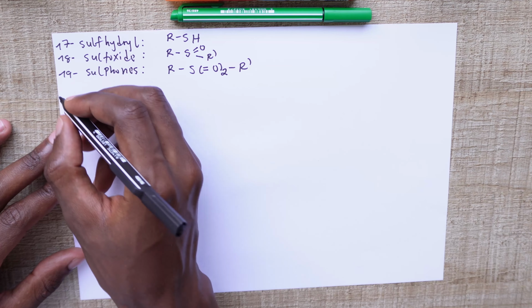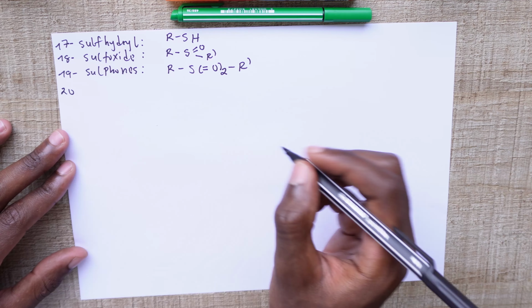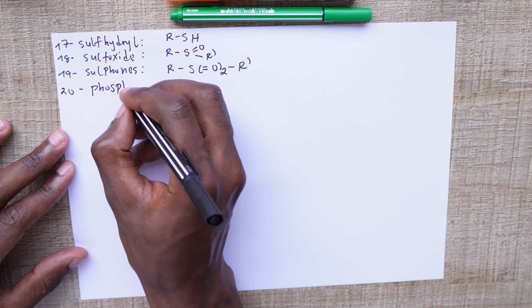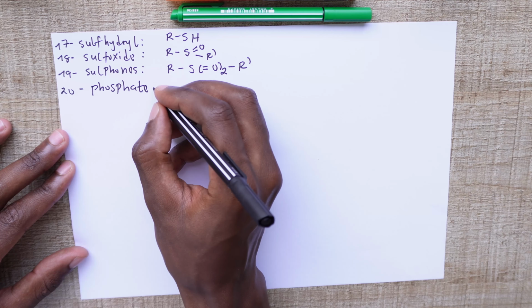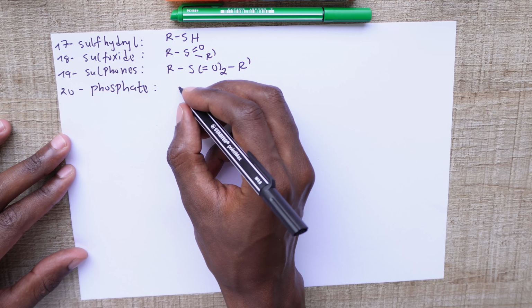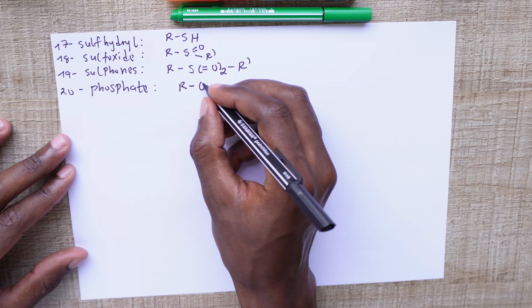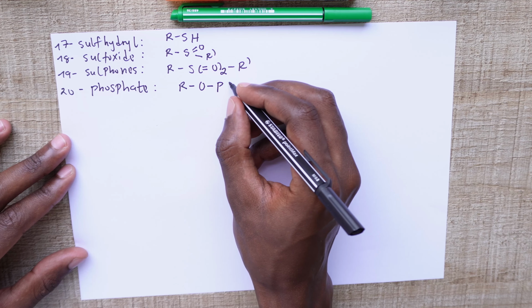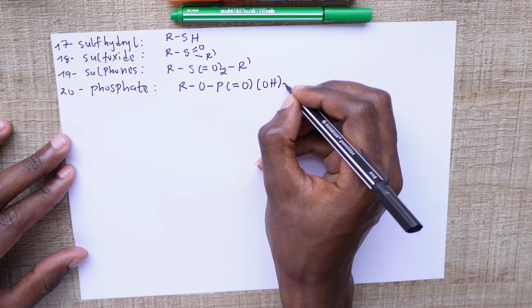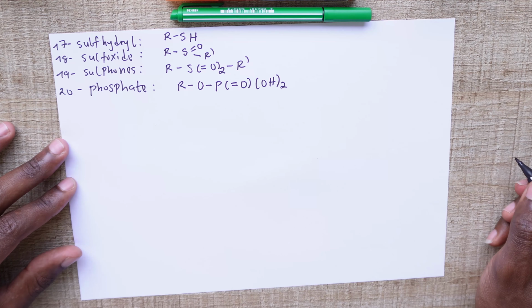Good. Let's move to those with phosphorus. We have the phosphates, which have as group R, O, P, then with an oxygen, and then an OH2. Good.